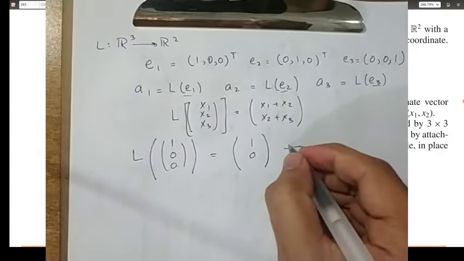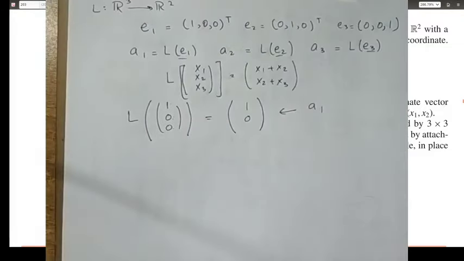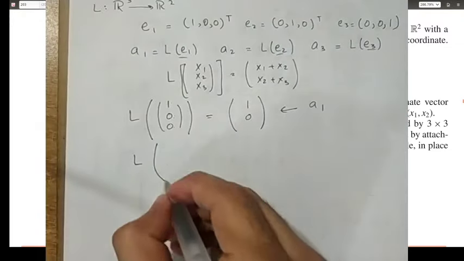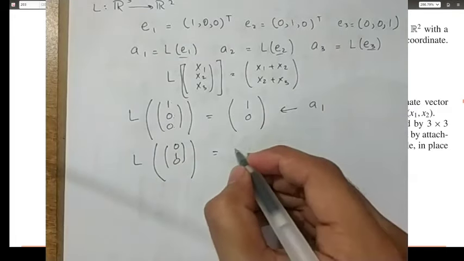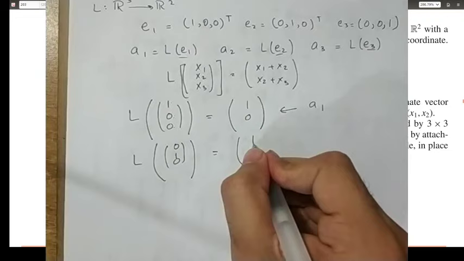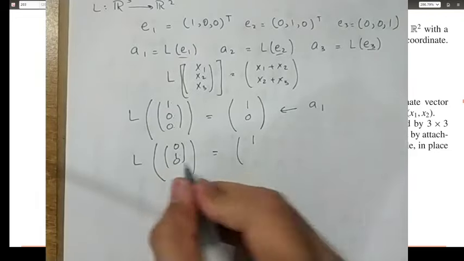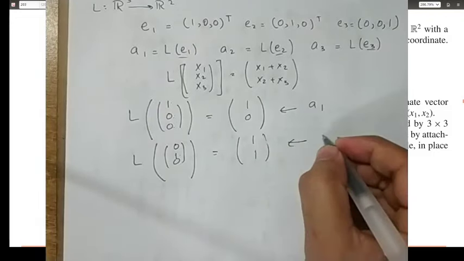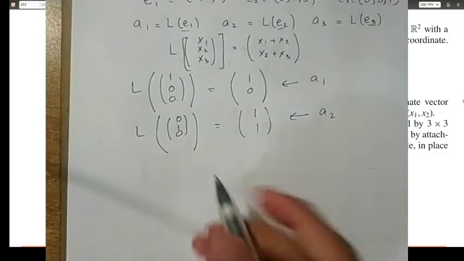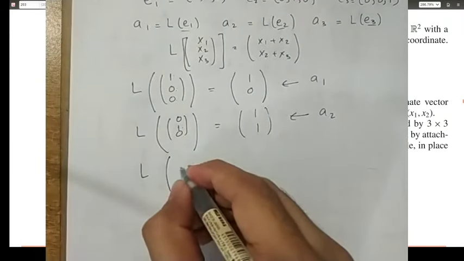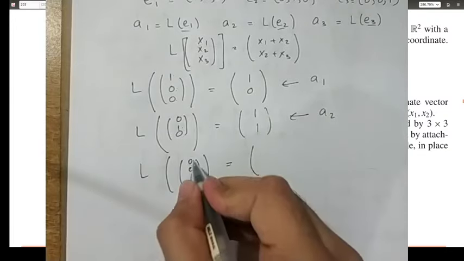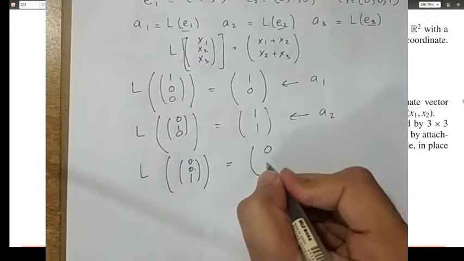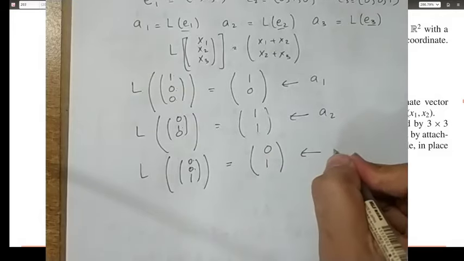So this is A1. Similarly, if you apply this to 0, 1, 0, then 0 plus 1 is 1, and 1 plus 0 is also 1. This is A2. And L of 0, 0, 1 is simply 0 plus 0 is 0, 0 plus 1 is 1, and this is A3.